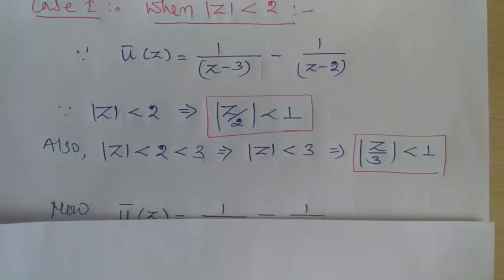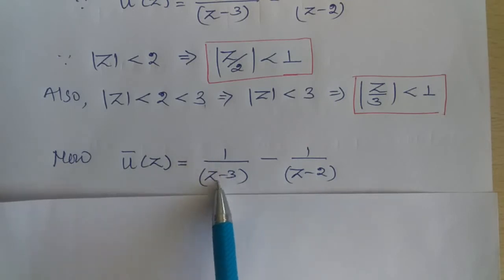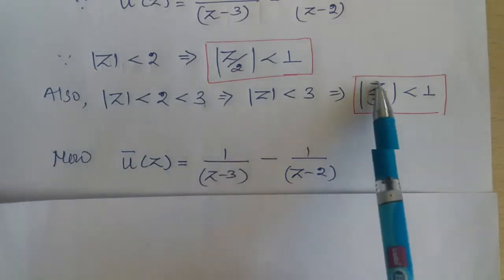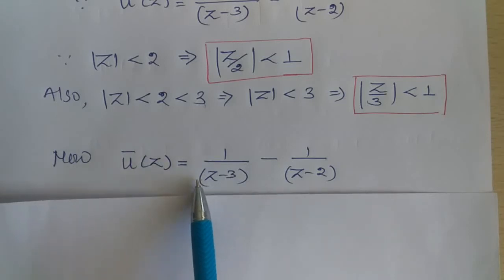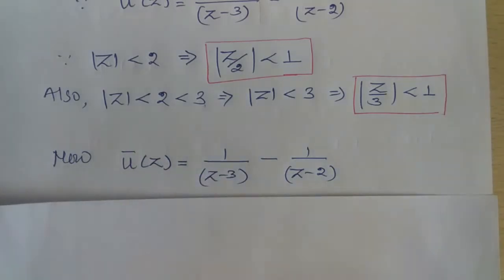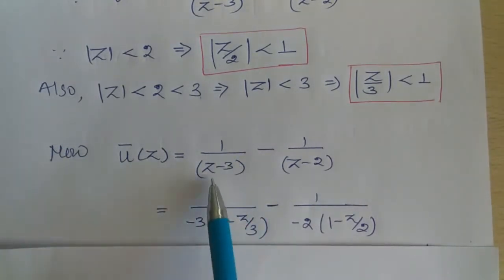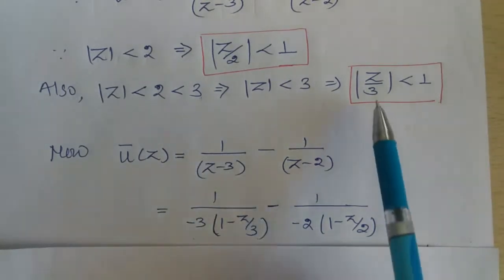Therefore, we write U bar z is 1 upon z minus 3 minus 1 upon z minus 2. So here to express this in terms of z by 3, we take minus 3 common. Then in place of minus 3 we have 1, and here we get minus z by 3. So after taking minus 3 common from the denominator, we get 1 minus z by 3.